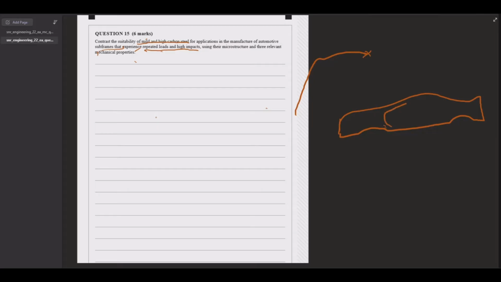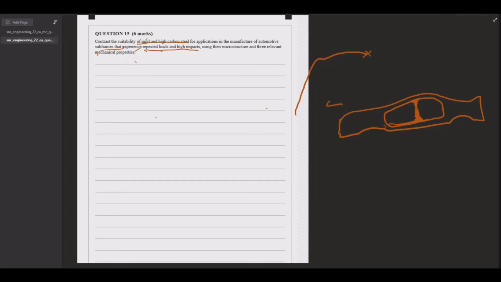We do want this to be rigid, but we also want it to absorb energy, because if it's brittle or even strong, it's not going to absorb the energy as much on the initial impact, and it's just going to transfer all that energy into the passengers, and we don't want that. We don't want that, because crashes are going to induce a lot of Gs. And if we had these made out of a strong or brittle material, moving it on the highway 100 plus kilometers an hour, that's going to instantly kill the passenger inside.